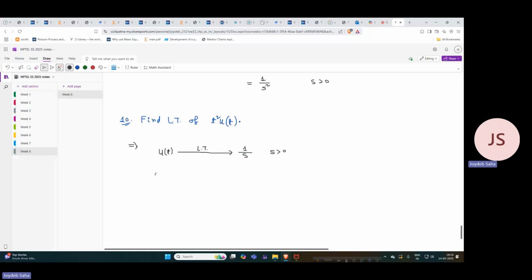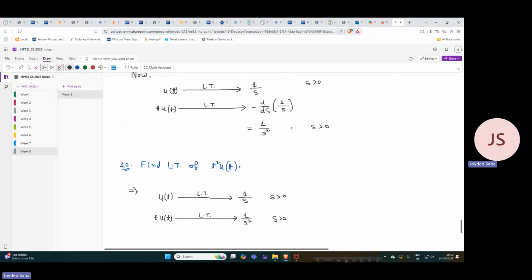And t multiplied with u of t, its Laplace transform is 1 upon s square for s greater than 0. We have already solved it, right?